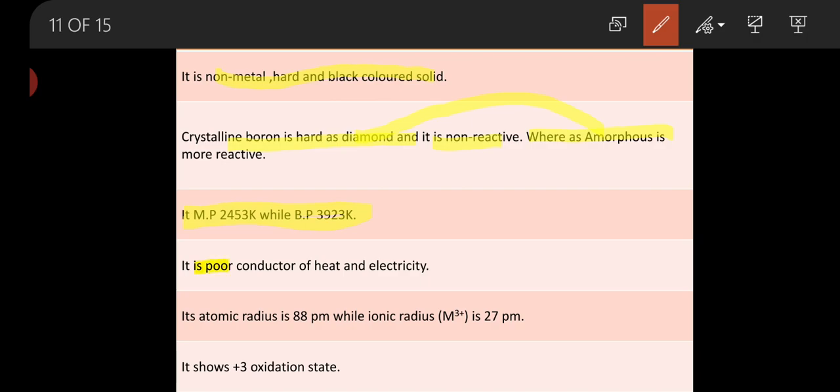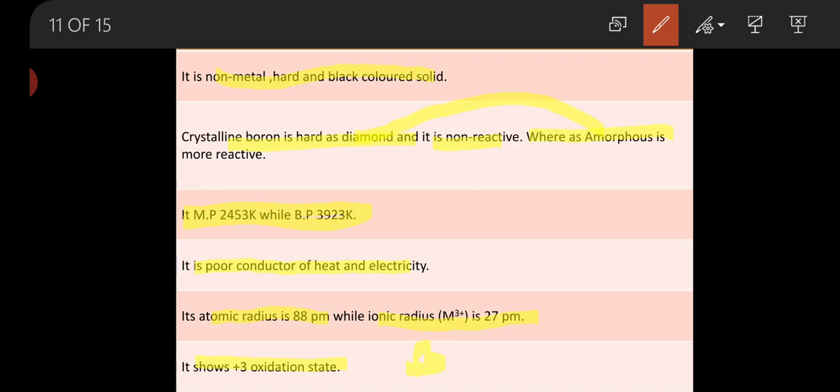Boron, as we explained, is a non-metal, which means it is a poor conductor of heat and electricity. The radius of boron is very small, 88 picometers, and its ionic radius is also small as compared to other elements in the group. In general, boron shows only an oxidation state of +3, whereas all the other elements can show variable oxidation numbers.